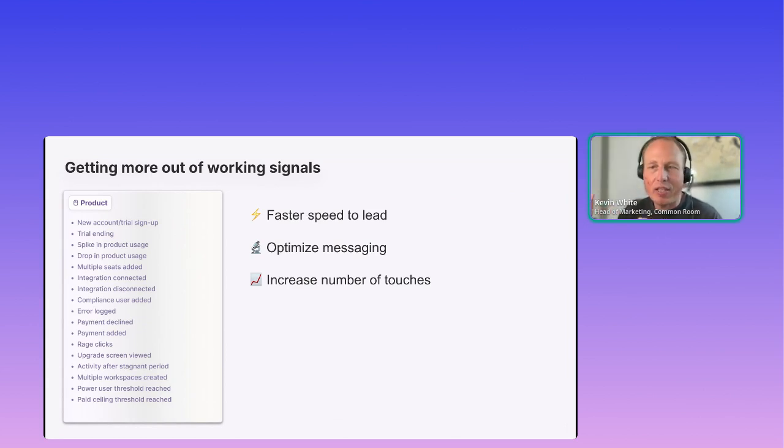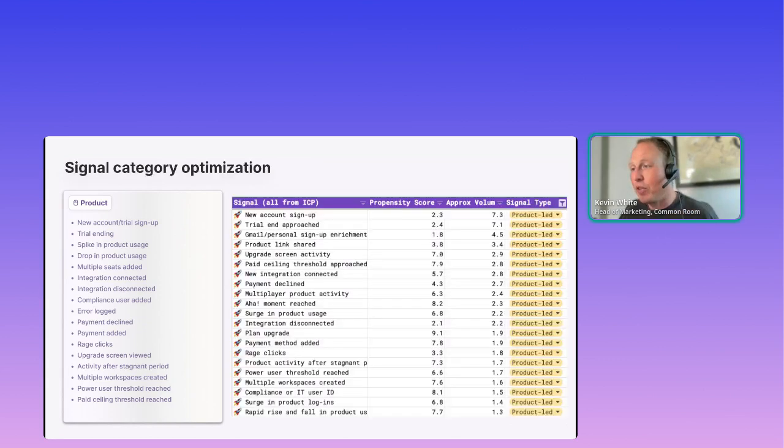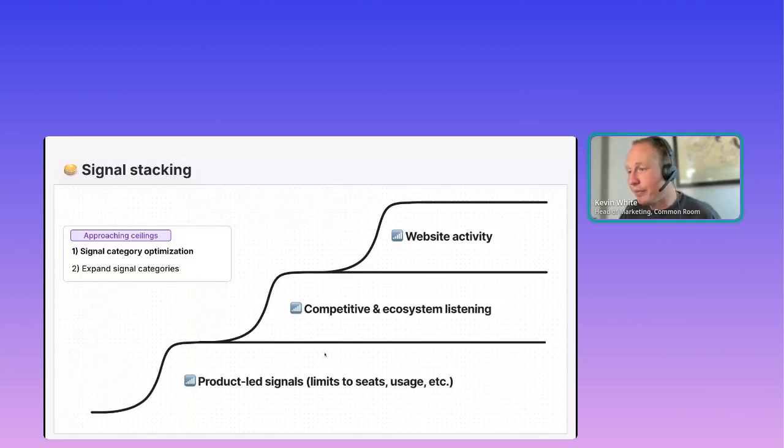It'll hit ceilings, and the next thing to do after hitting those ceilings within this cohort is to move up into another signal category that you think would be the best bet, going back to the diagram of the top right quadrant. These signals are really solid. Let's go to this other category, and that's where we get to expanding your signal category.